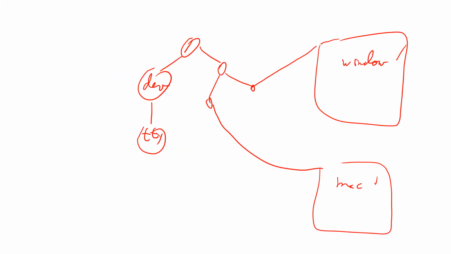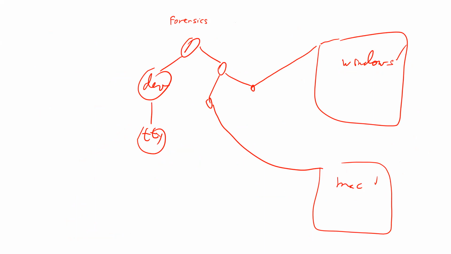So here we have, for instance, the root folder. Let's say you had a couple of computers, and this one is a forensics machine, so you have all your forensics software on it.